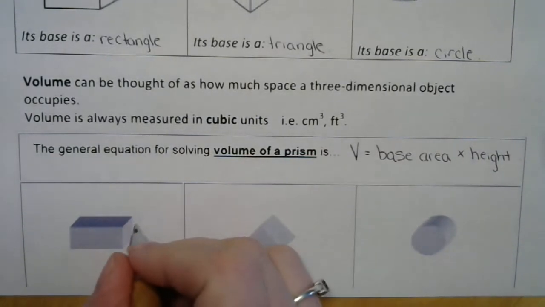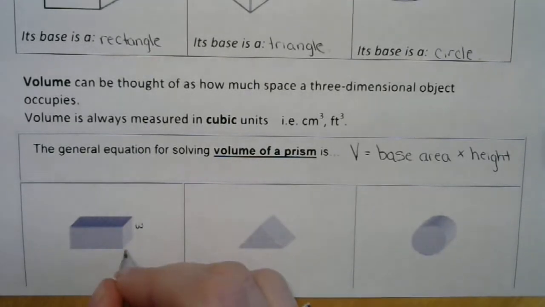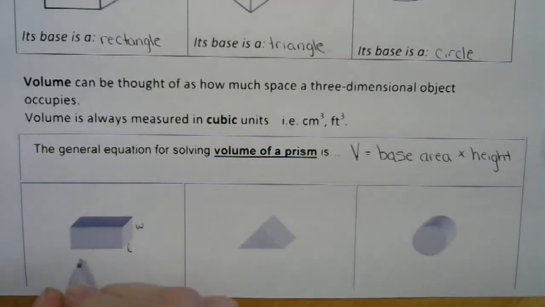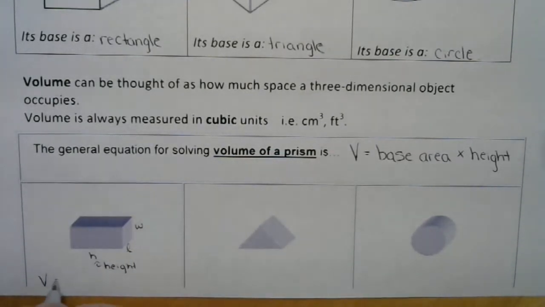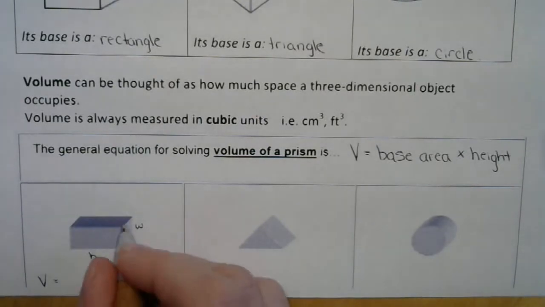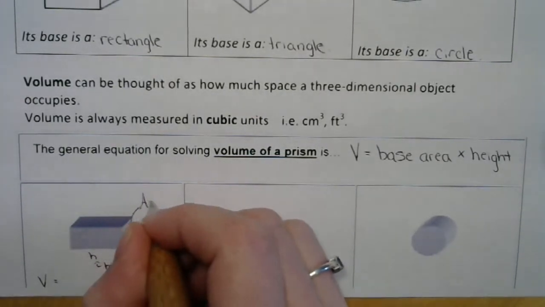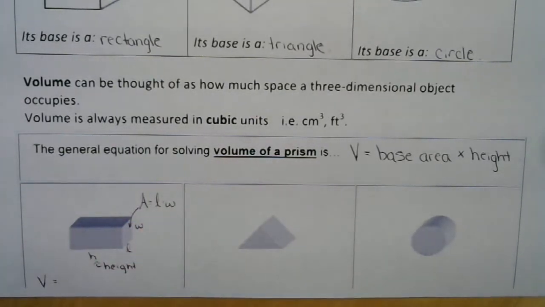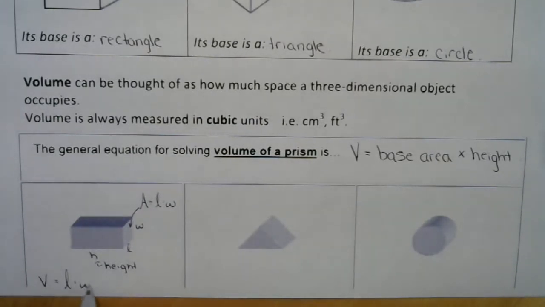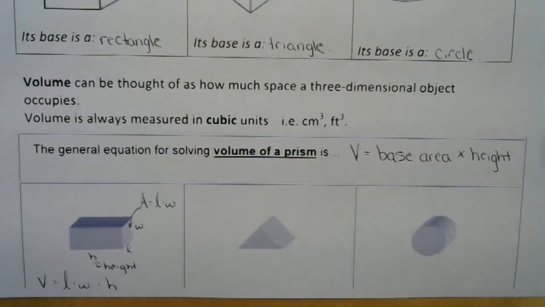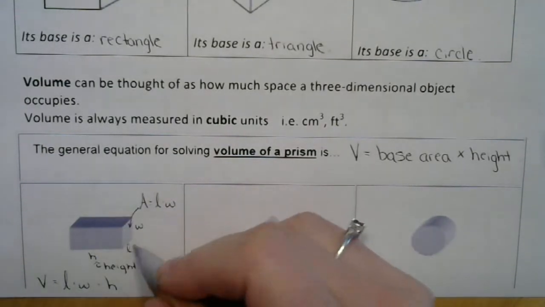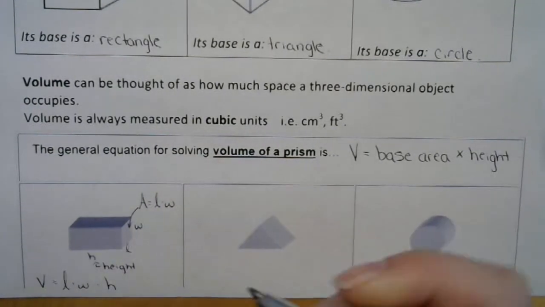So if we have this object here, it's got some width, it's got a length, and this is the new one, it's got a height. So the volume of this is equal to the area of the base, which we already know is length times width, and then we multiply that by the height. Pretty straightforward. It's 3 things multiplied together. This length by this length by this length.